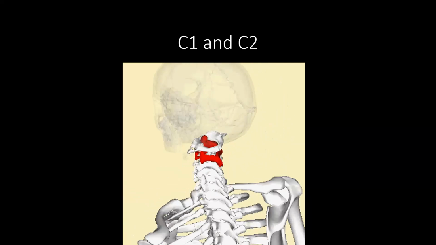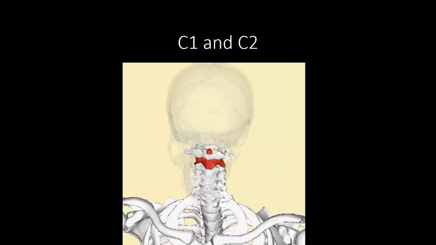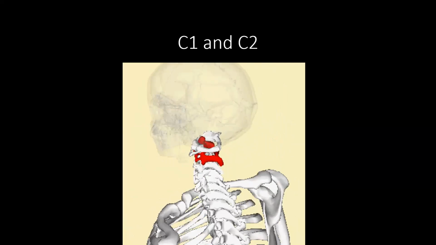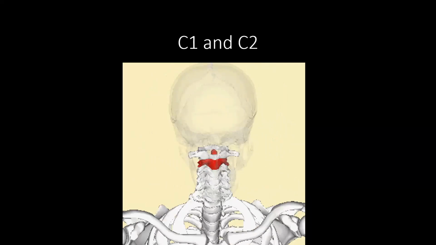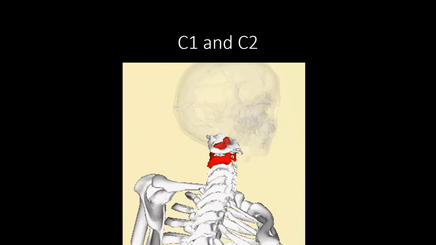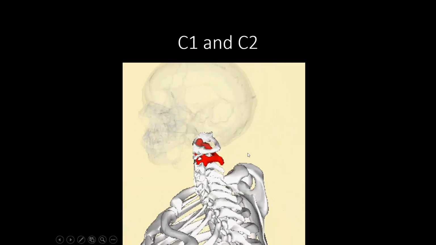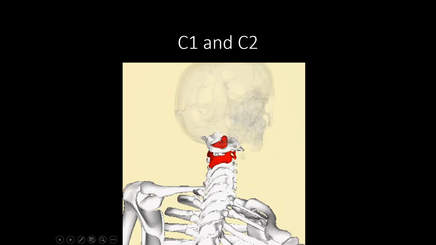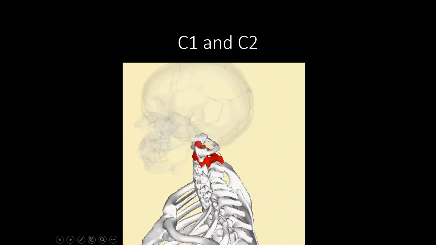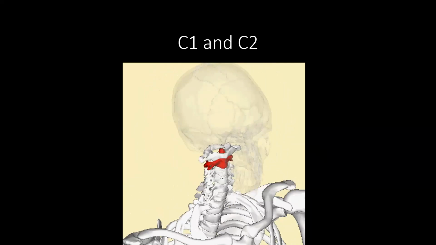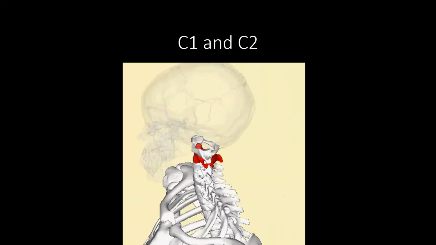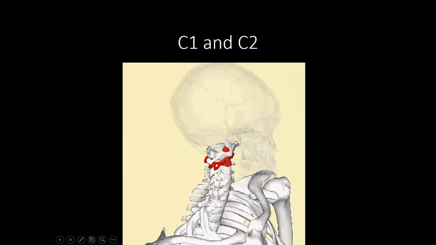When we pull on the head, the atlas will turn with the skull, and it rotates around C2, this dens or odontoid process right here. So we can look to the left, look to the right, move our head back and forth around this particular process, jutting up here on the axis.